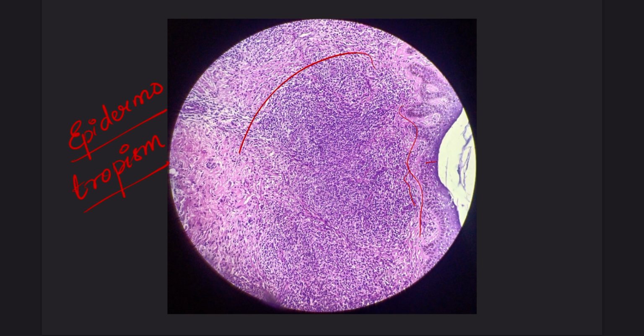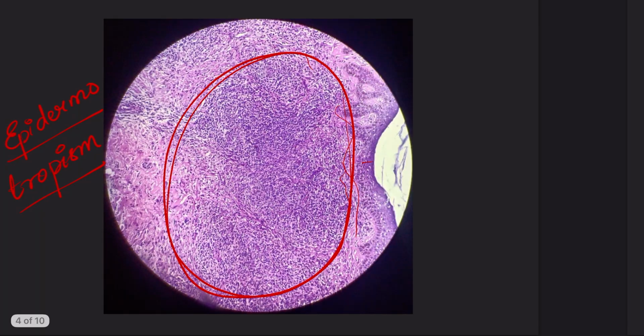The superficial dermal infiltrate of lymphocytes moves towards the epidermis, with almost no gap between the lymphoid infiltrate and the epidermis. This phenomenon is called epidermotropism, characteristic of Sézary syndrome.